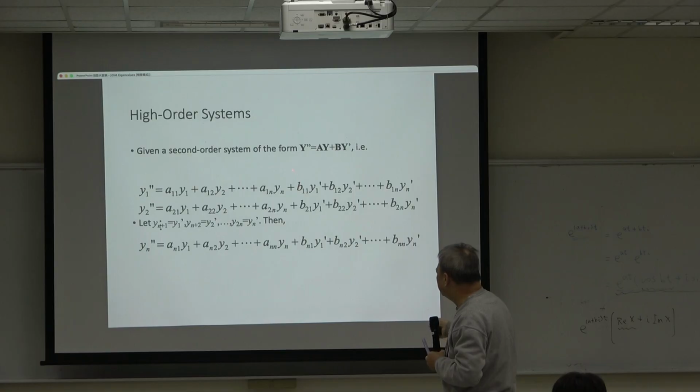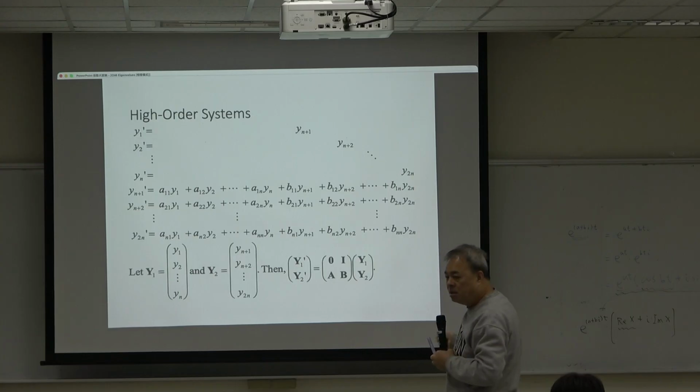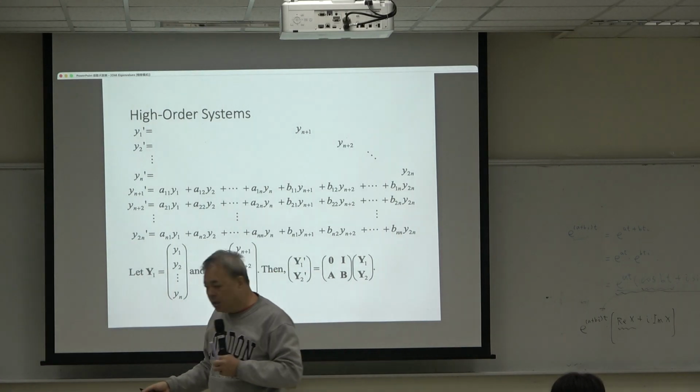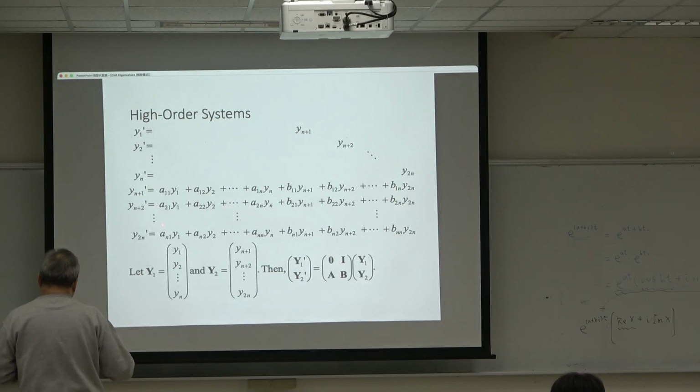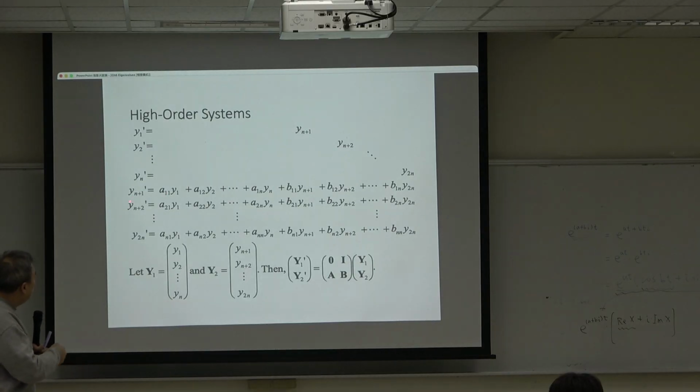But the second half, when it involves y1 prime, y2 prime, and so on to yn prime, you rewrite it into y_{n+1}, y_{n+2}, and so on to y_{2n}. You can do that for all the n original formulas.